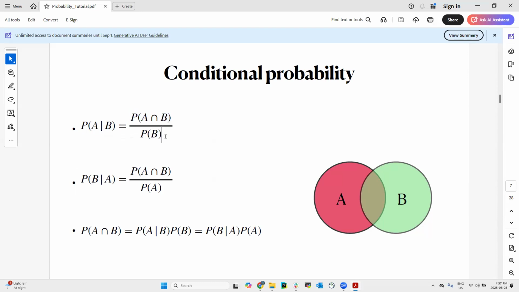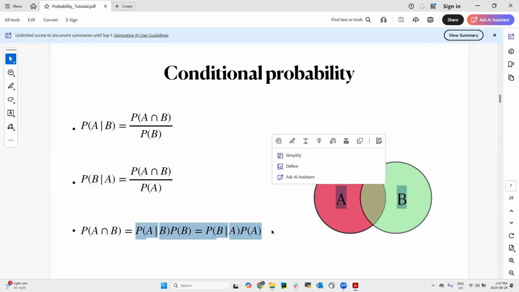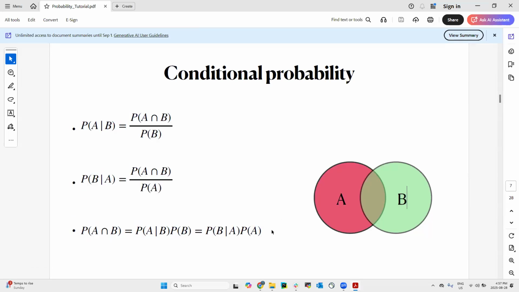Using the same formula, we can just swap A and B, and we get another formula like this. Since P of A intersection B, or the joint probability of A and B, is equal to the joint probability of B and A, we can also have this funny looking formula. What we call this is the chain rule of probability.